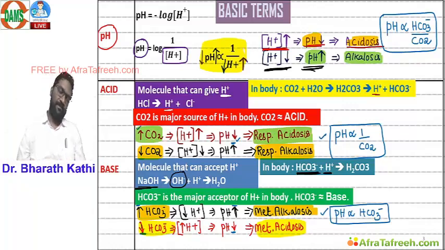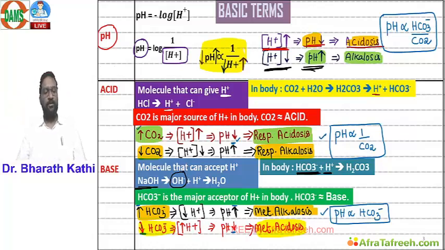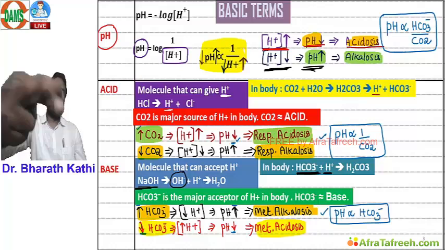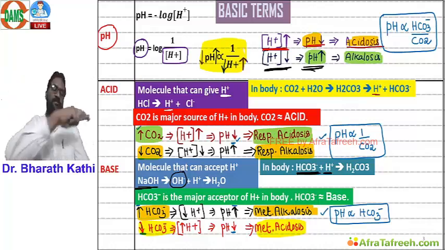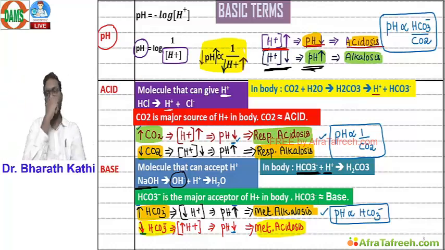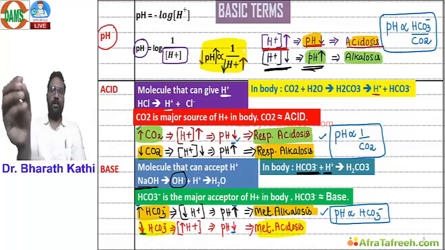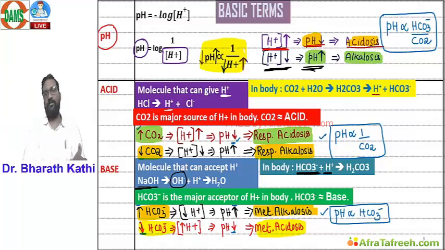But this is not a proper mathematical equation. When do you call it a proper mathematical equation? When you have the equal to symbol. But here there is a proportionality symbol. Now I am going to remove this proportionality symbol and insert the equal to symbol by adding some constant values.